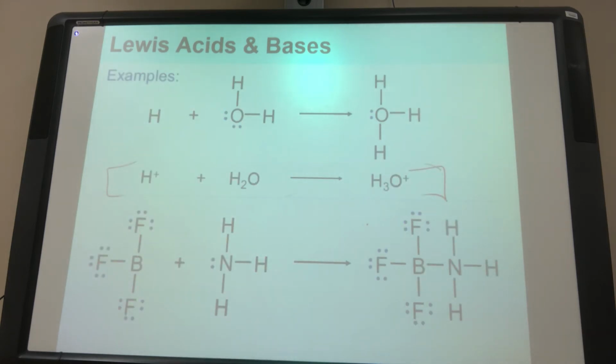So this bond is this bond, and this bond is this bond. So the new bond is here, between the O and the H. What I have to figure out is who's giving what. He has no electrons, so it's got to be these electrons coming here to make the bond. If he's giving the electrons, he's the base. If he's accepting, he's the acid.